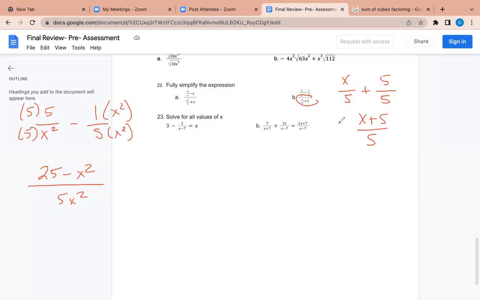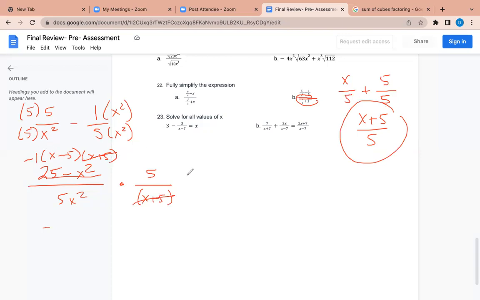All right. Then we're going to multiply by its reciprocal because you're dividing here. So this is going to be negative. So we're going to factor this to negative 1 times x minus 5, x plus 5, times, and then we're going to multiply this by the reciprocal, 5 over x plus 5. Cancel, cancel, right?